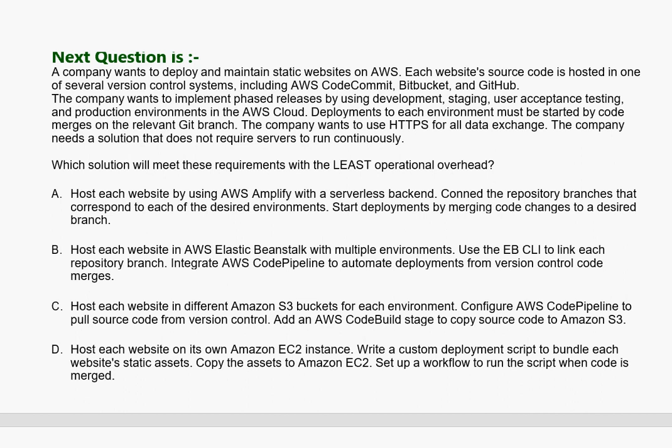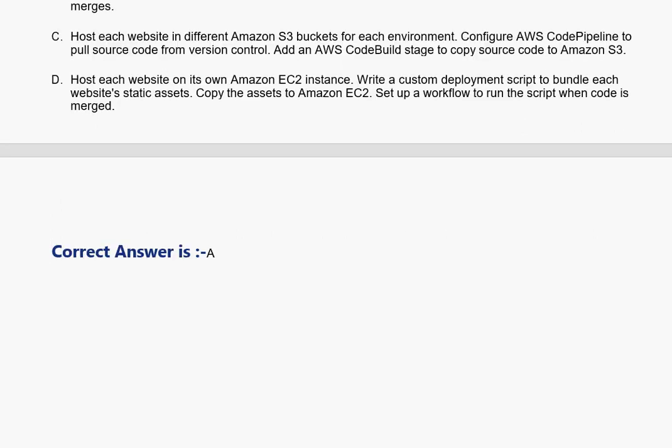Write a custom deployment script to bundle each website's static assets. Copy the assets to Amazon EC2. Set up a workflow to run the script when code is merged. The correct answer is A.